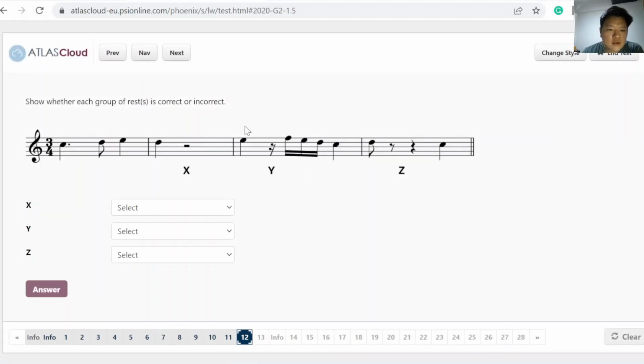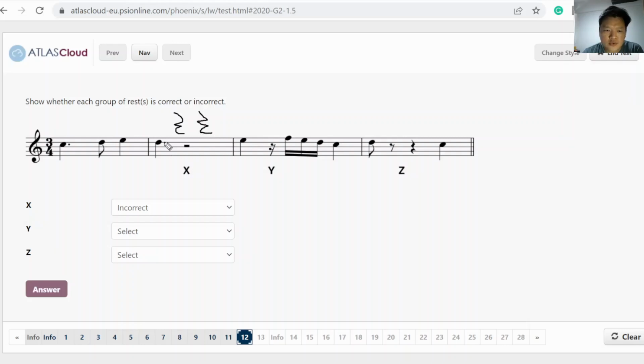So next one, okay, so it's a grouping question again. So with the rest, 3/4 means 3 counts in the bar. So look at over here, 1 plus 2. Is it correct? No, although it's correct, your grouping here is wrong, because when you get 3/4, your crotchet rest has to be 1 and 1. So your answer needs to be like this here, 1 and 1.